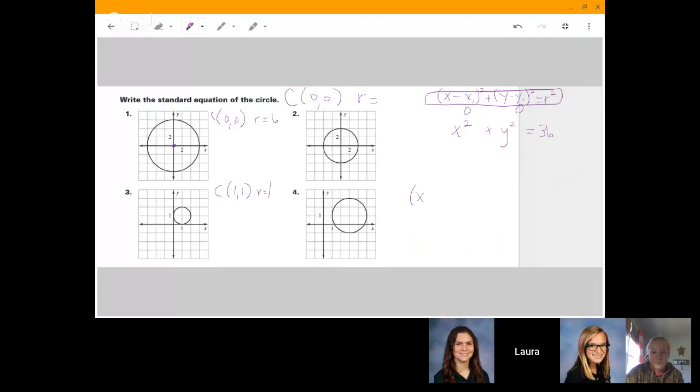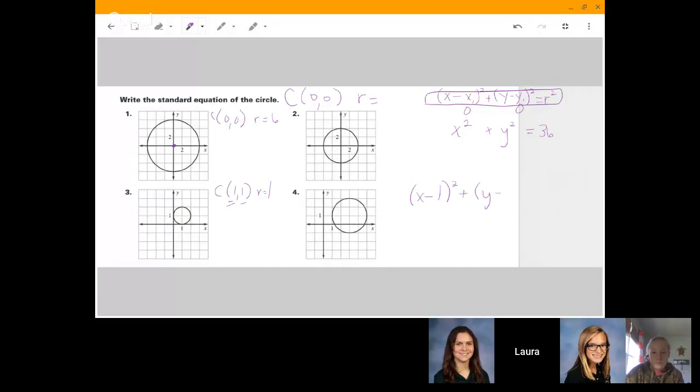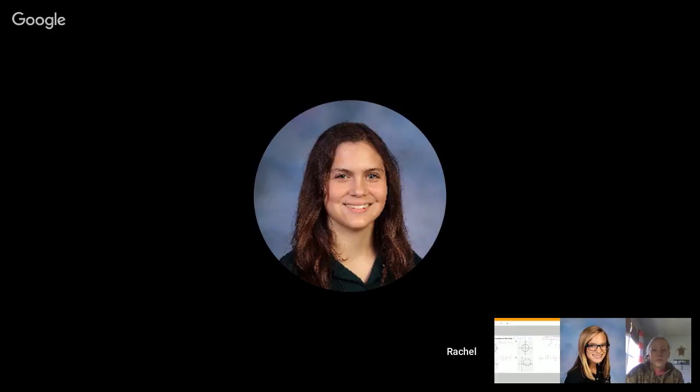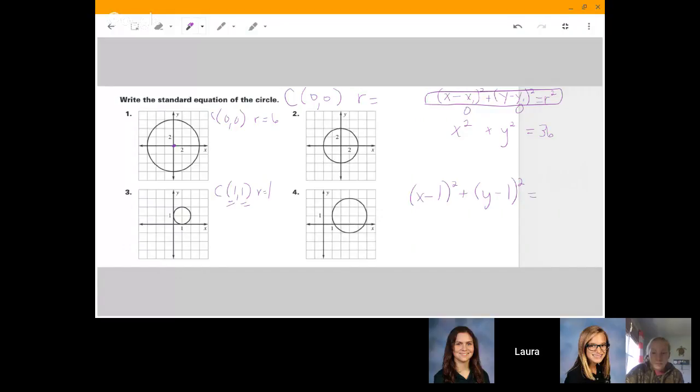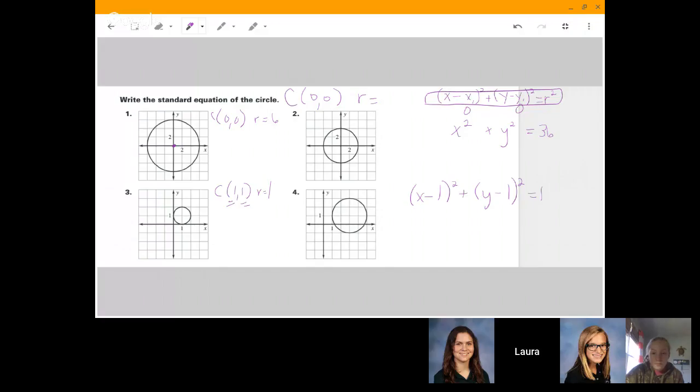So it'll be x minus 1 squared plus y minus your other 1 squared equals your radius squared, which for number 3 is 1 squared. So it's just 1 out there. Lots of 1s in this question. Because x minus 1, we don't know how much it is. If we don't know what x is, you just leave it like this. That is your final equation for number 3.